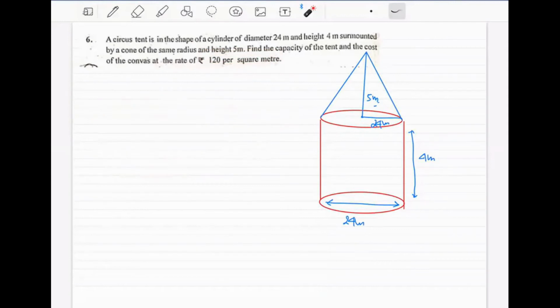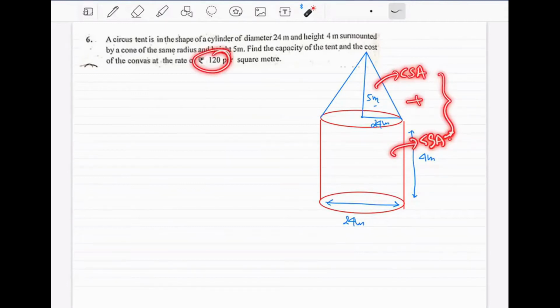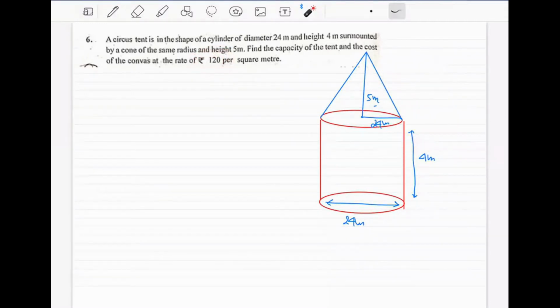To find the cost, you first find the area of the portion the canvas is supposed to cover. Curved surface area here, curved surface area here, add them together to get the total curved surface area, and multiply that by 120. Let's discuss as the question progresses.